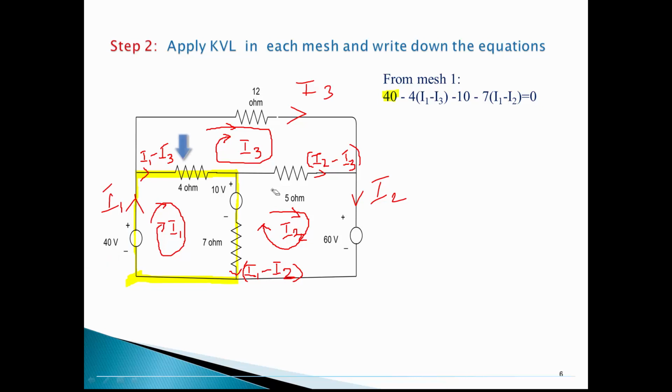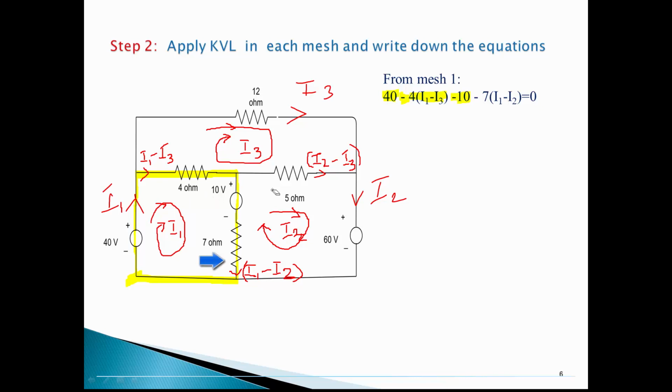Then coming to this side, branch current and loop current are both in the same direction, so minus 4 times the branch current, that is 4 into I1 minus I3 is your voltage drop. Then coming to this one, this I1 current leaving negative of this 10 volt source, so minus 10.